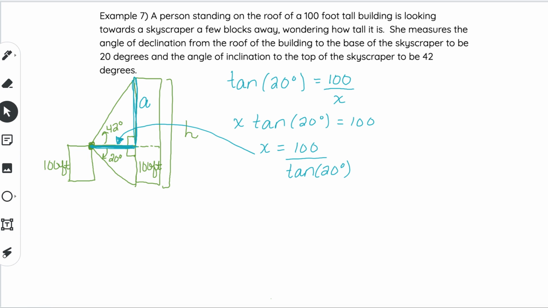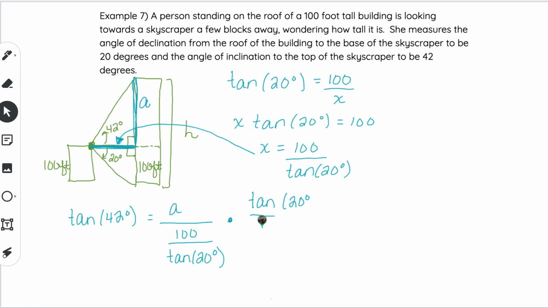So I'm going to use tangent again, except this time we have tangent of 42 degrees is equal to, we're not quite sure what the opposite side is, but we know the adjacent side was this weird piece that I said, keep it exact. We know we can multiply by the reciprocal to get rid of that complicated fraction.